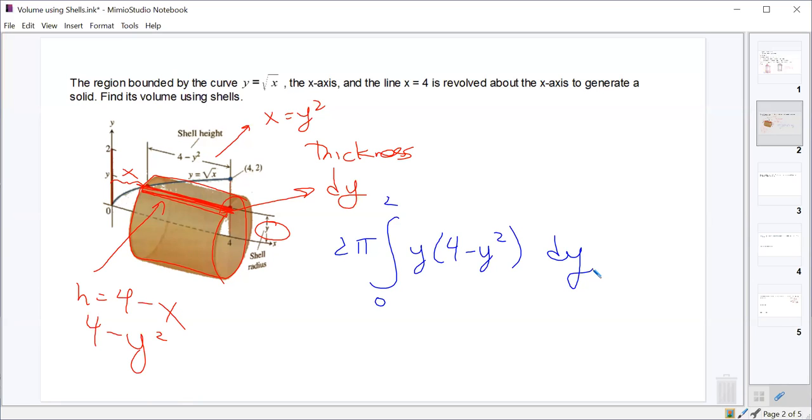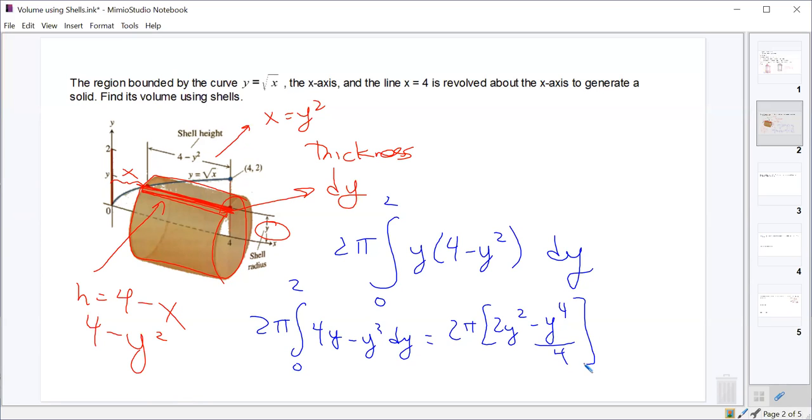The setup, just like with discs and washers, is the part that's difficult. The rest of it is just some arithmetic and some basic calculus, right? So 2 pi times the integral of 4y minus y cubed, which is going to give us 2 pi times 2y squared minus y to the 4th over 4.